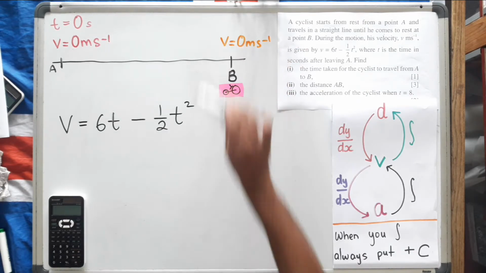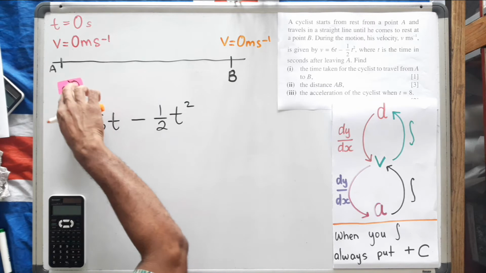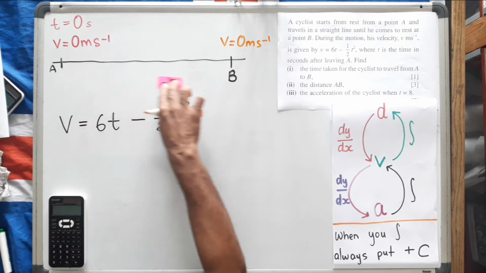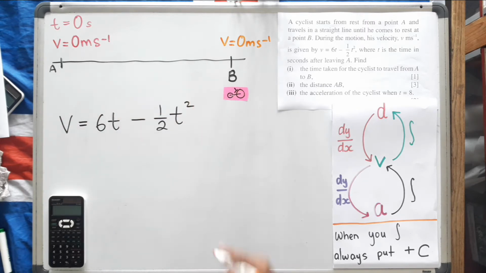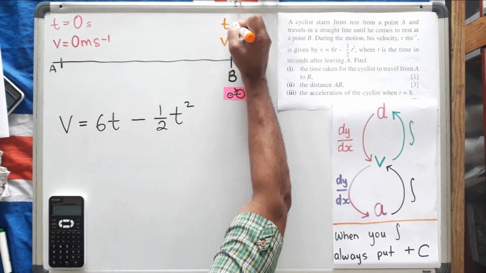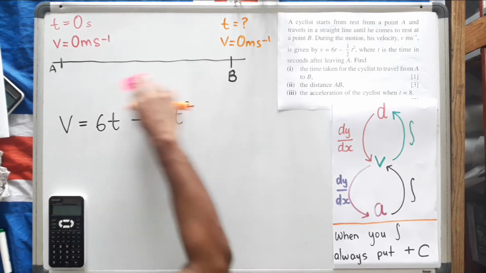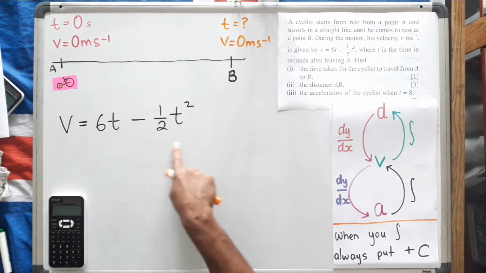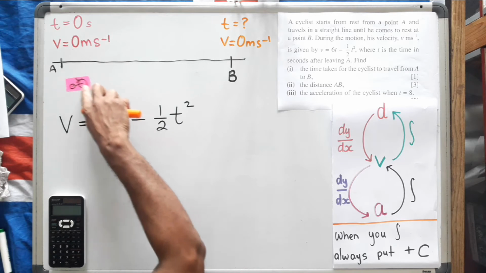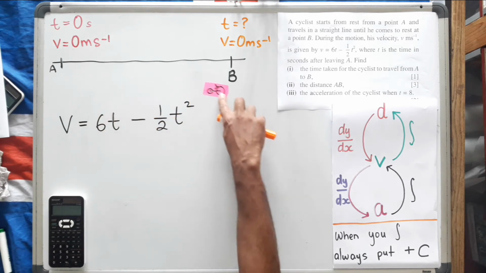But obviously the time is not 0 because time has passed between point A and point B. So the time at point B, for the time being, I don't know the value. And they gave you an equation to represent the velocity between point A and point B.